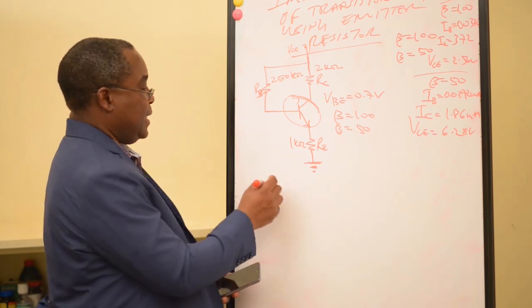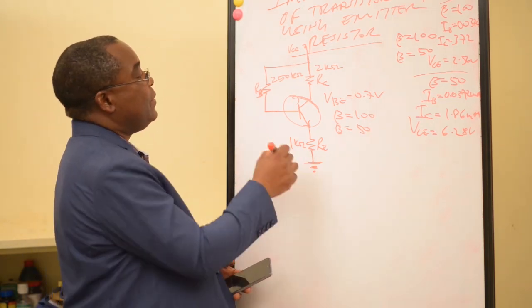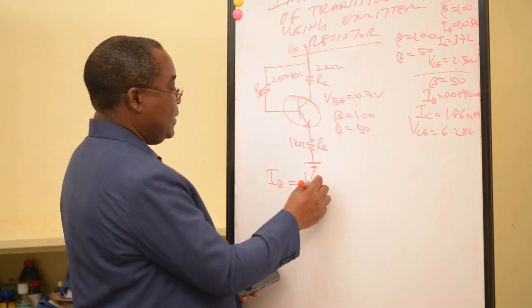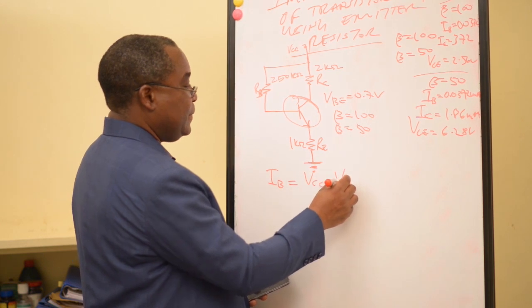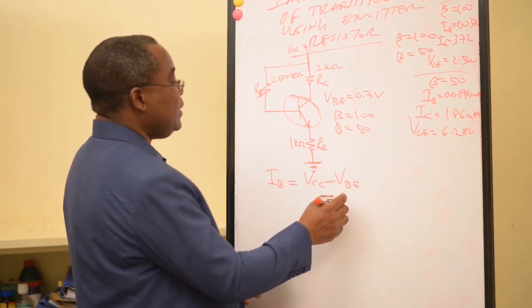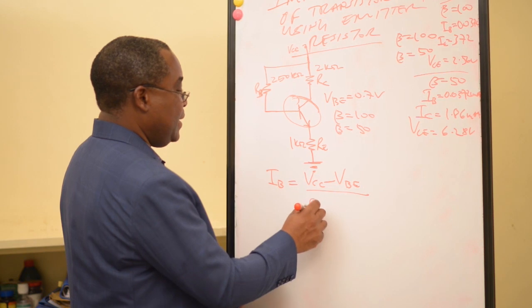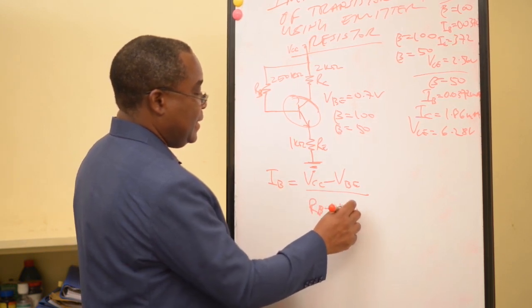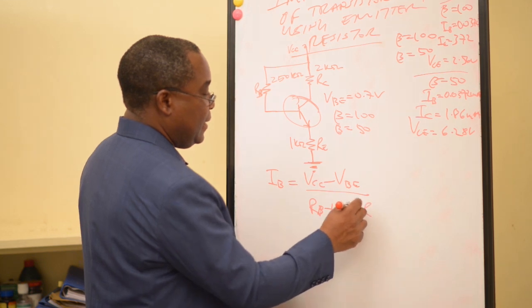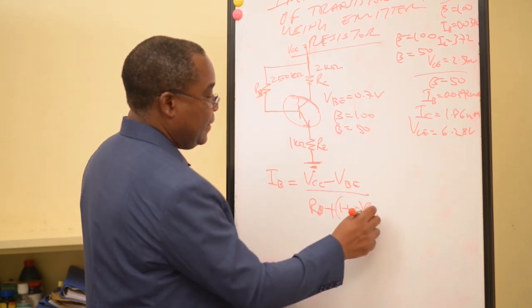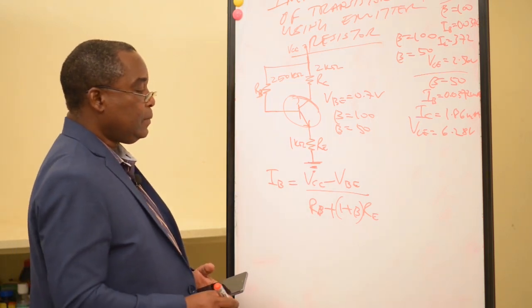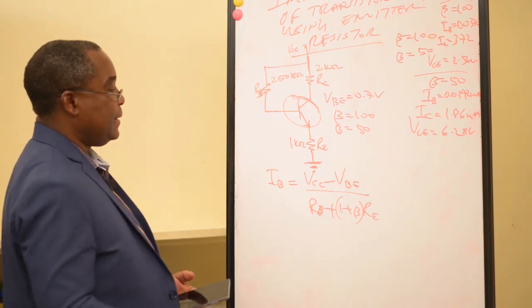So our IB from the circuit is equal to VCC minus VBE over RB plus 1 plus beta times RE, because now we have RE. So now we have to put the values.